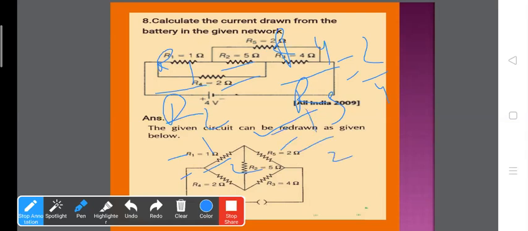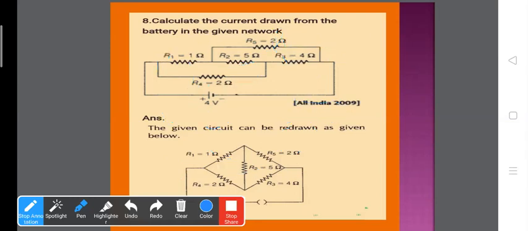So this circuit satisfies the condition of a balanced Wheatstone bridge. Clear? So according to the balanced Wheatstone bridge, no current is flowing through this resistance, which we can call AD.